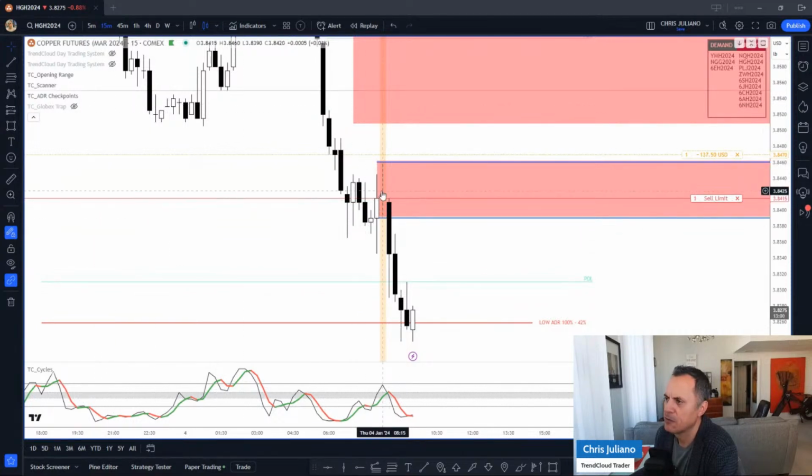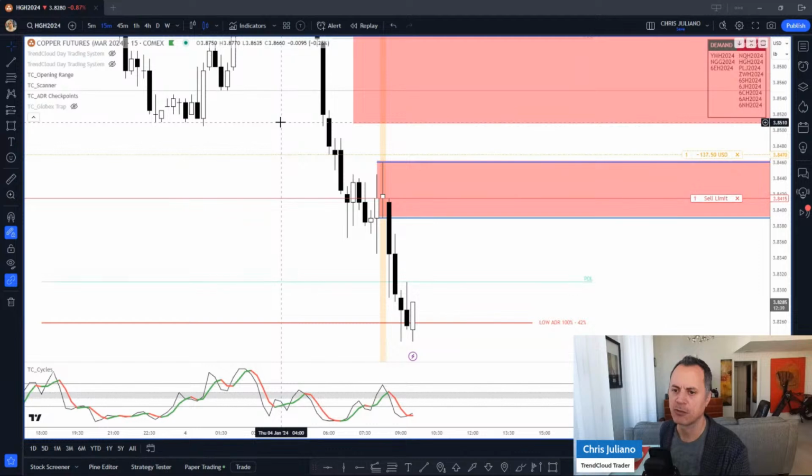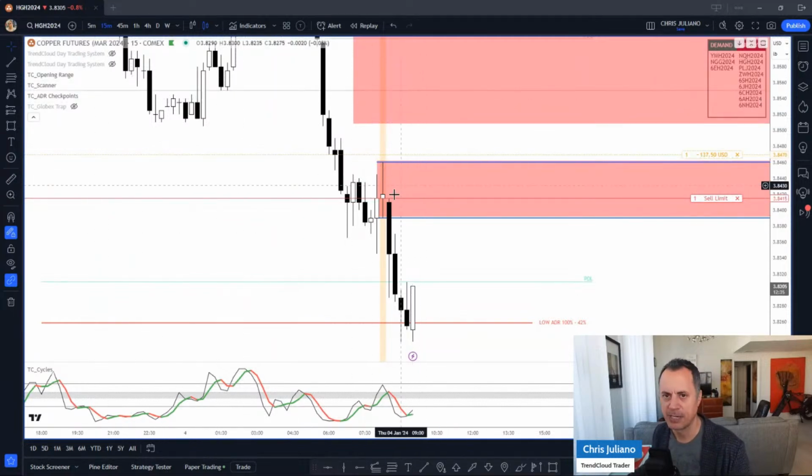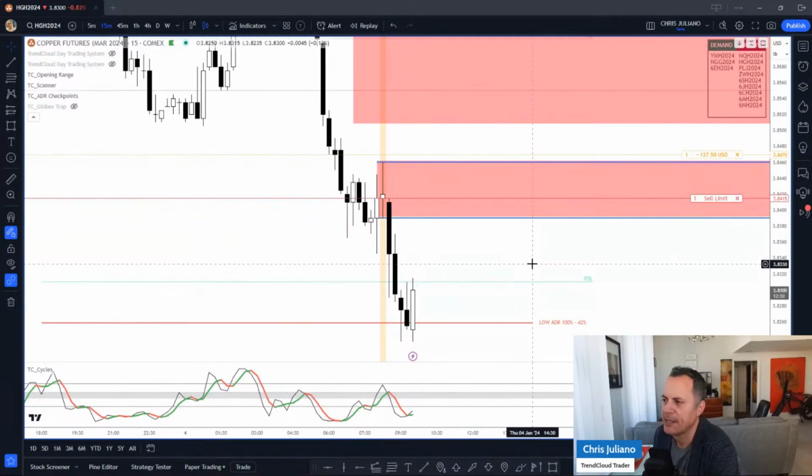So this candle right here on copper is a 15-minute candle. When we're looking at the metals market, we're using the 15-minute opening range. If we are looking at the energy market, like gold and natural gas, we'd be looking at the 5-minute opening range.